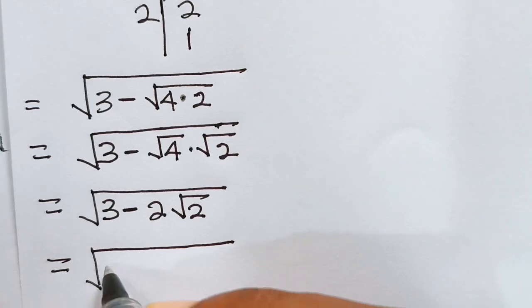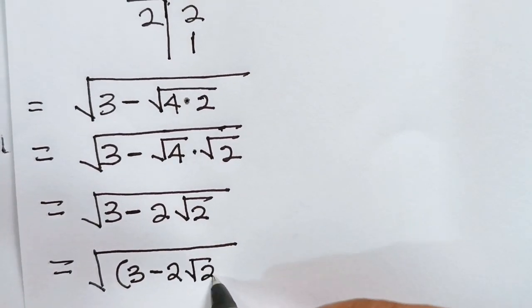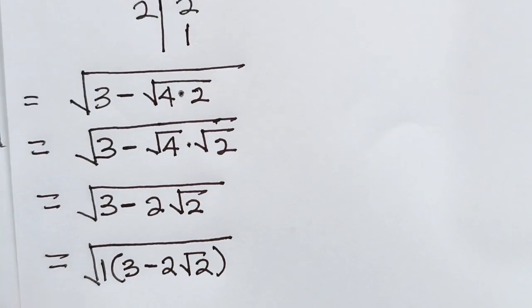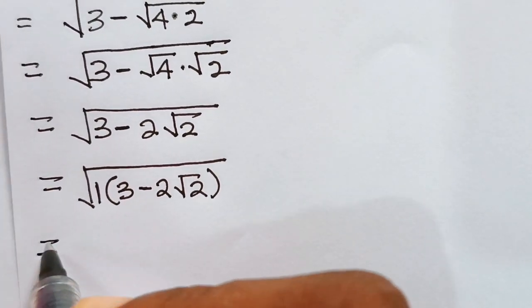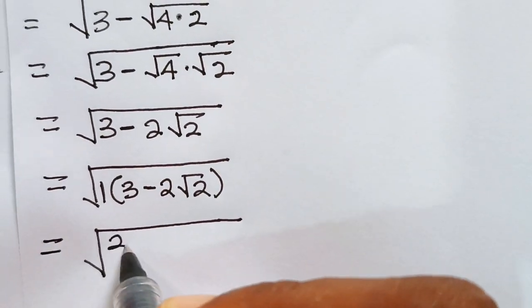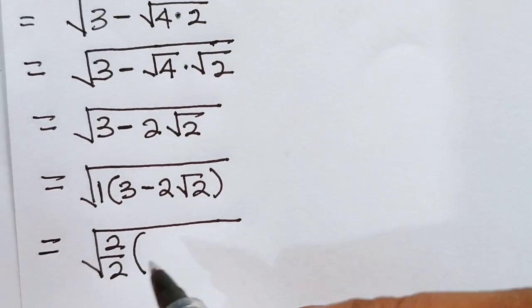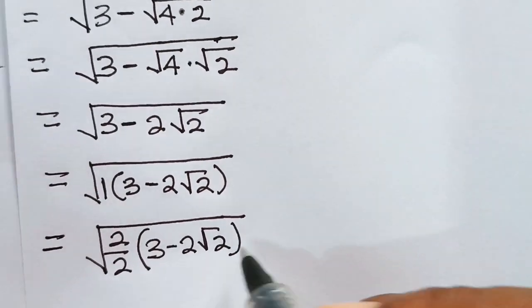the square root of 3 minus 2 root 2 multiplied by 1. Now, 1 can be anything. 1 can be 2 over 2, 3 over 3, 4 over 4, 5 over 5. So we can write this as the square root of 2 divided by 2 bracket 3 minus 2 root 2.